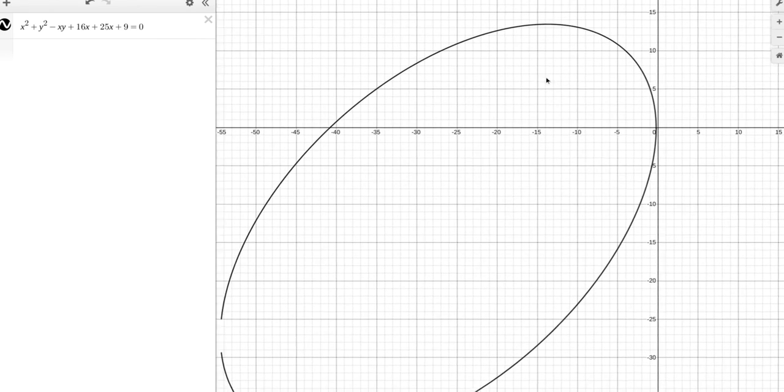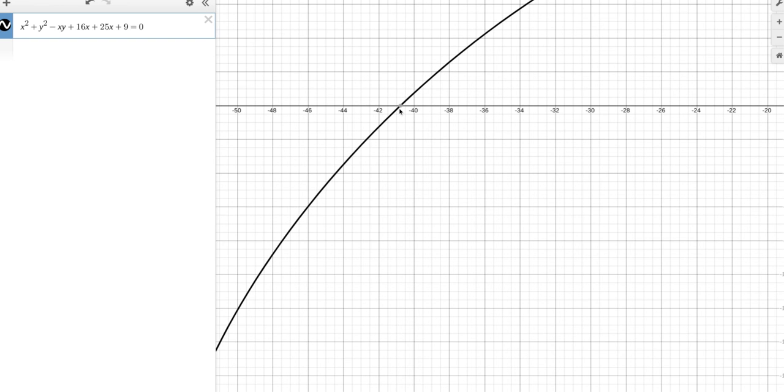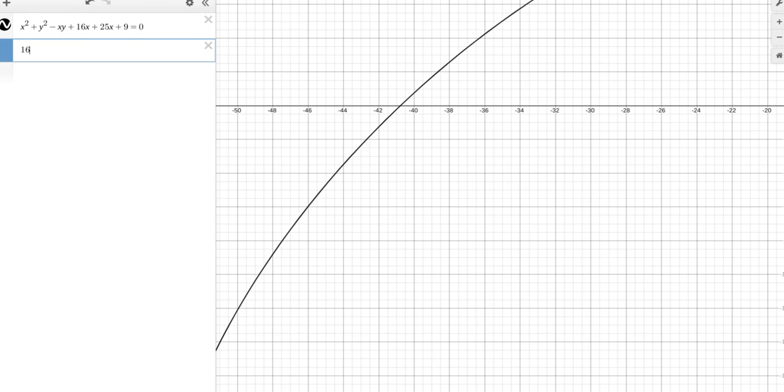Okay, let's try to approximate the derivative at any point. Maybe here. Let's try here, because this one we have a solid value. Okay, so our derivative function is going to be 16 minus 2x minus y, all divided by 2y minus x plus 25.